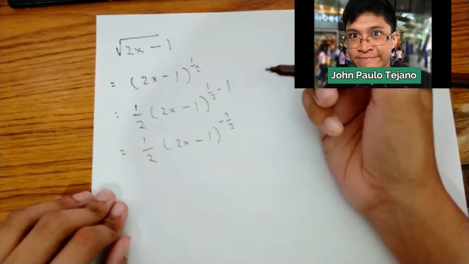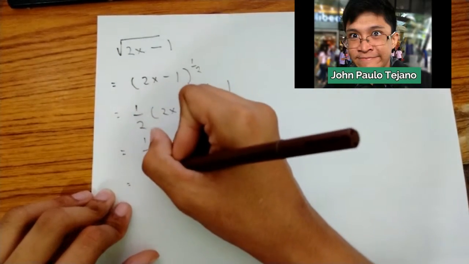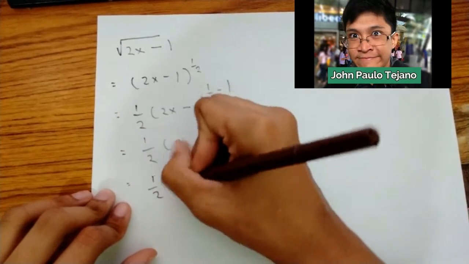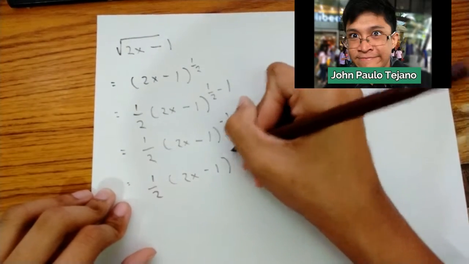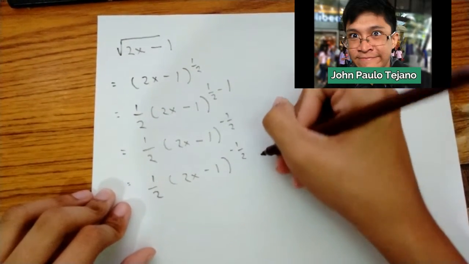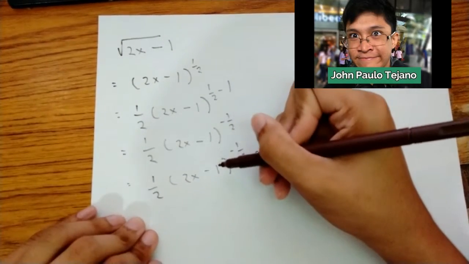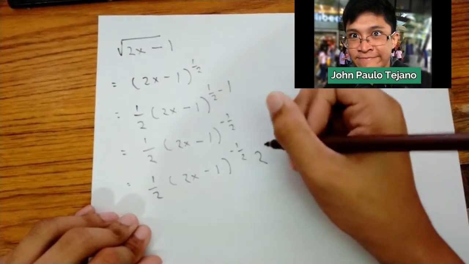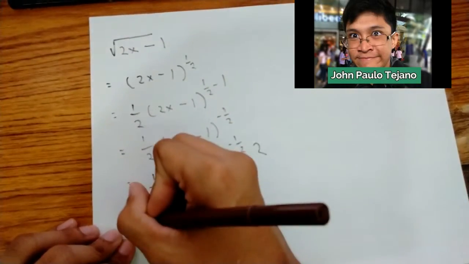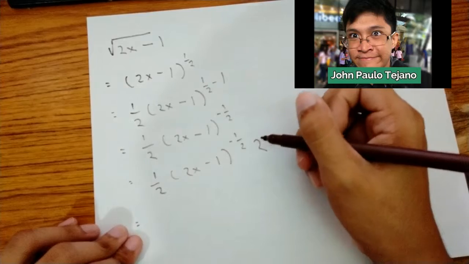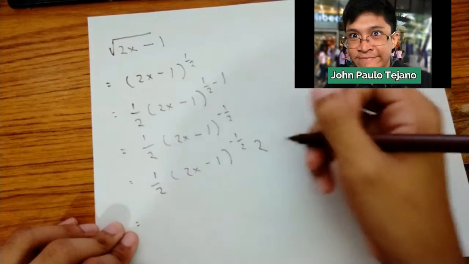And then we'll get the derivative of the middle part. We got 2 because the derivative of negative 1 is 0 because it's a constant. And we also got 2 because the derivative of 2x is 2. Now we need to multiply it to 1/2 and we'll get 1.